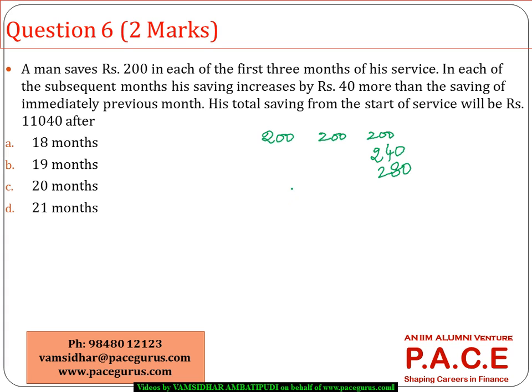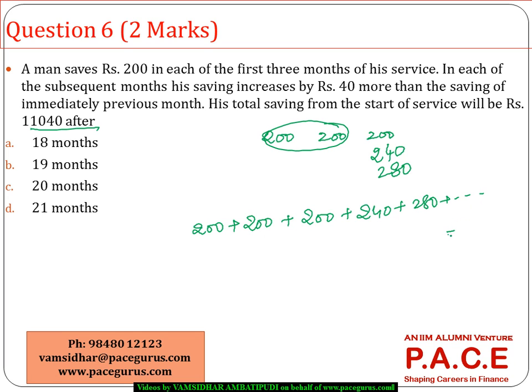His total saving from the start of service will be 11,040 after how many months? So probably I take it as 200 plus 200 plus 200 plus 240 plus 280 plus so on up to some x number of months, equal to 11,040.